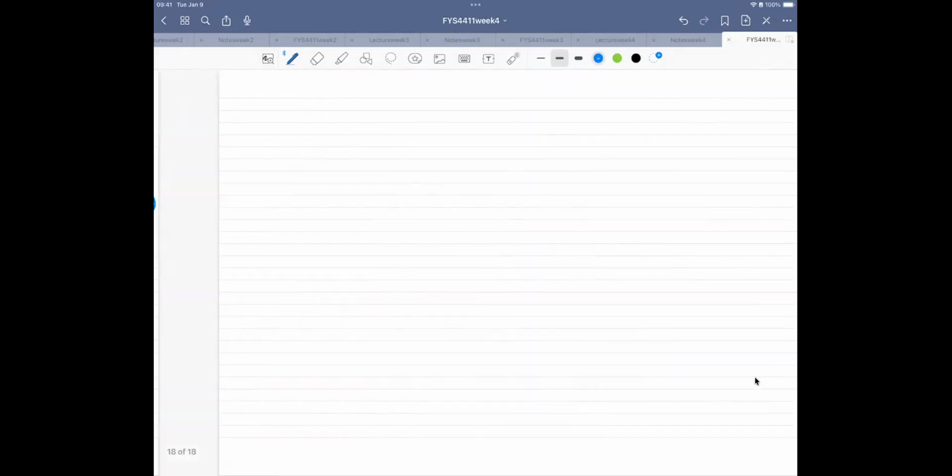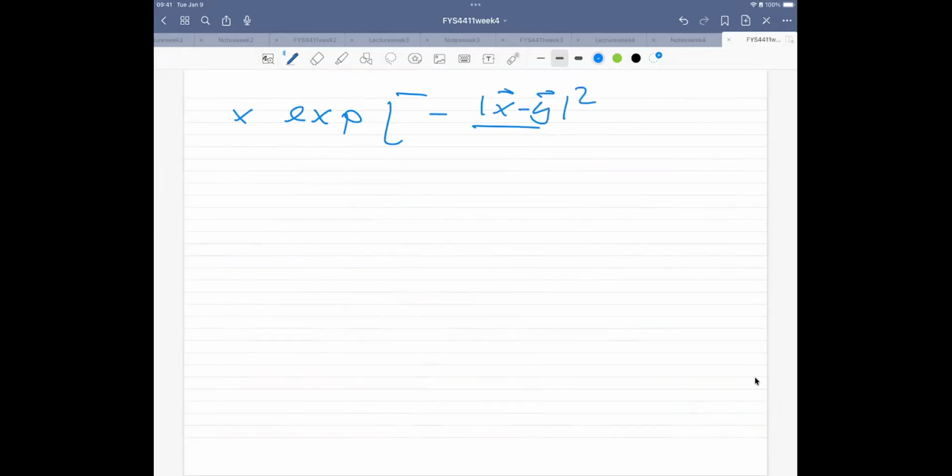So this is then multiplied with the exponential. So this is the analytical solution, x minus y squared divided by 4D times delta t.